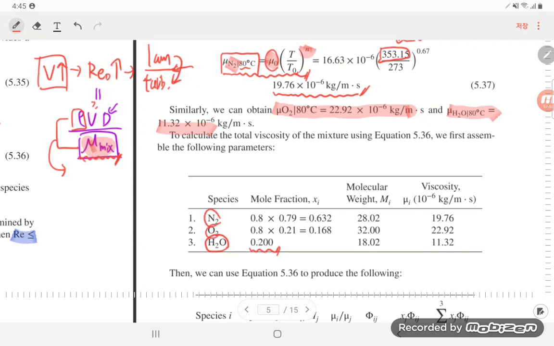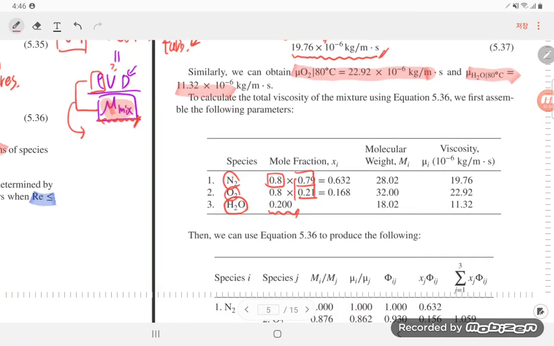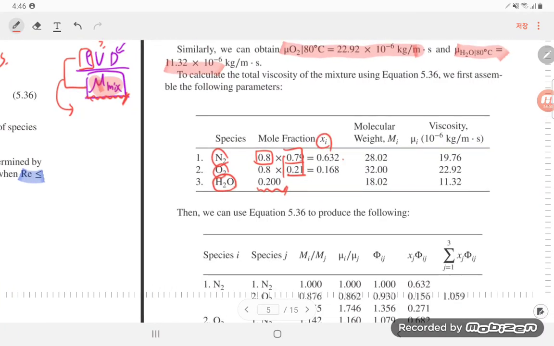And N2, oxygen and nitrogen gas, has this volume fraction. If we multiply by 0.8, then we can get the real mole fraction of the nitrogen and oxygen gas.